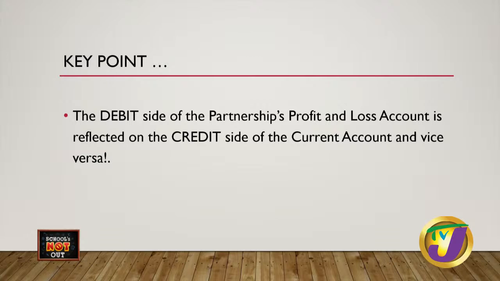The debit side of the partner's profit and loss appropriation account is reflected on the credit side of the current account, and vice versa. It goes to say that it's an opposite reflection. What you would see on the debit side of the appropriation account, students, those items are on the credit side of the current account, and vice versa, the other way around.